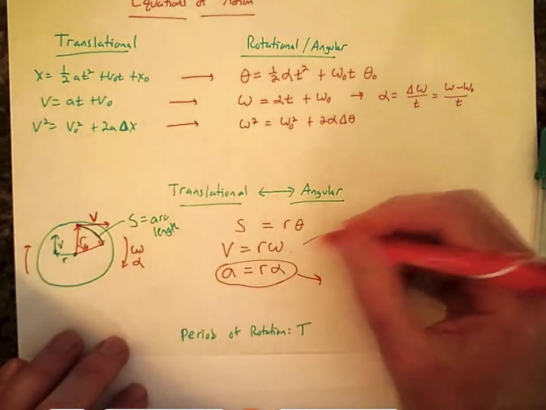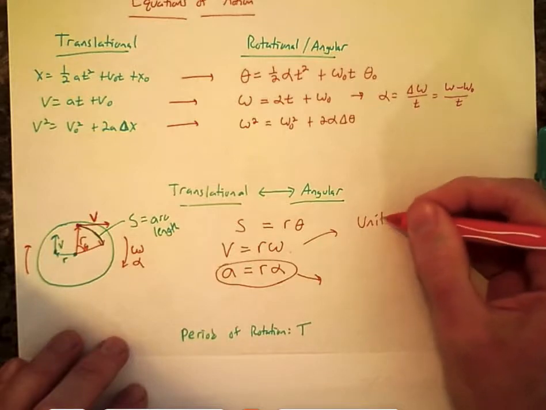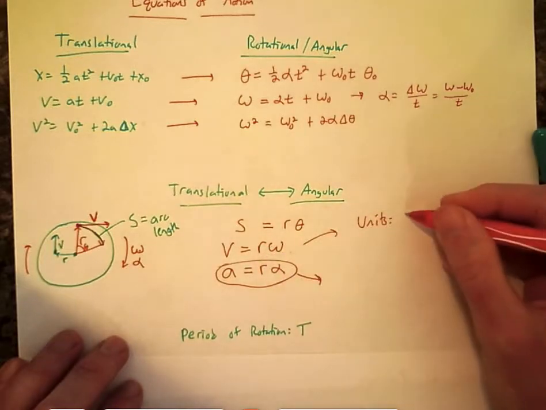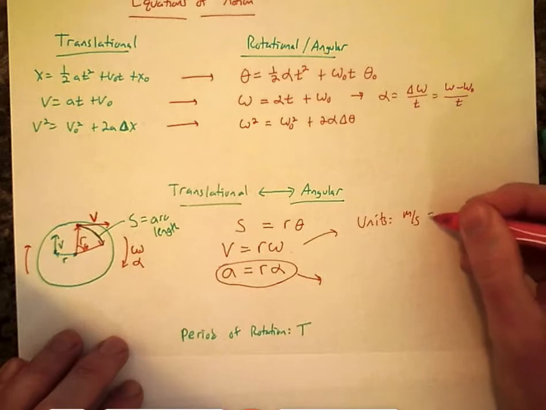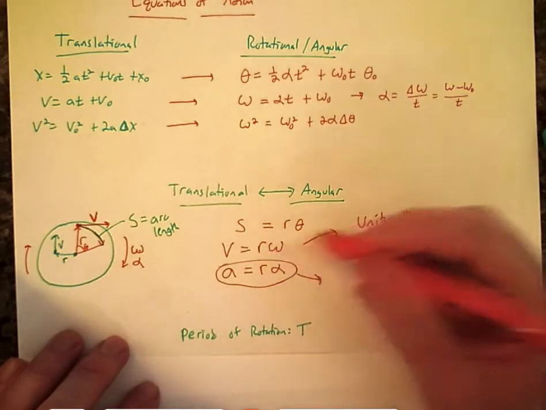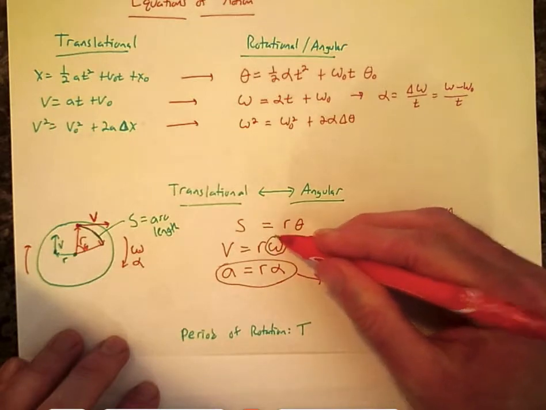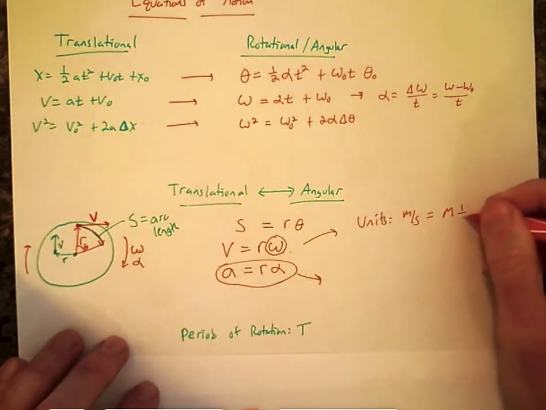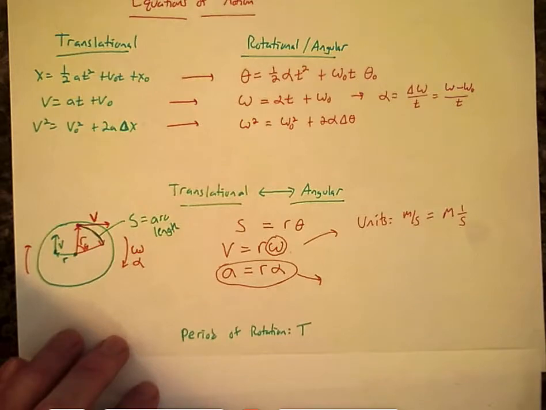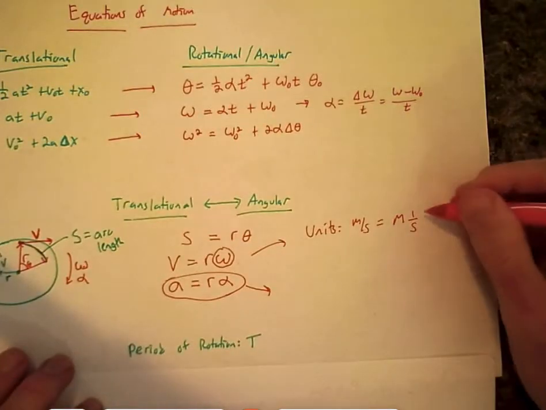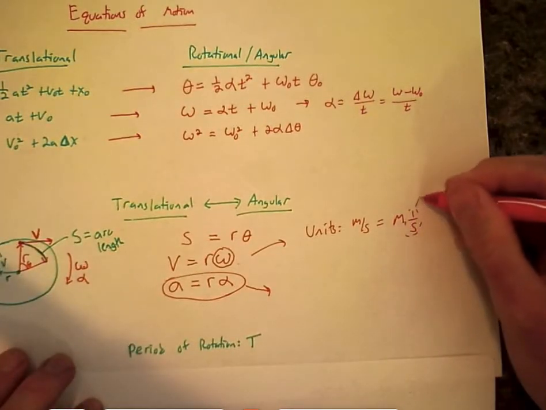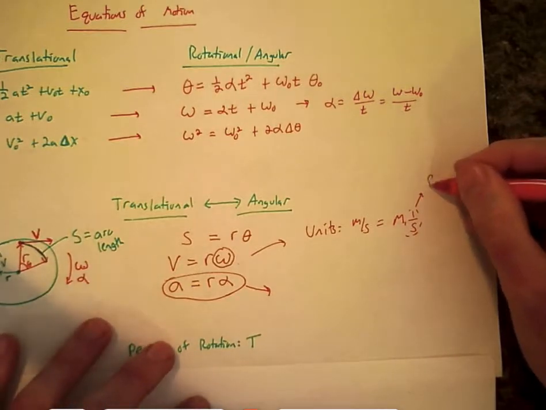A few things. Let's come up here and talk about units real quick. The units for velocity are meters per second, and the units for radius right here are meters. So that means my units for angular speed have to be 1/seconds, which is a strange thing. 1/seconds is actually the same unit as a frequency.